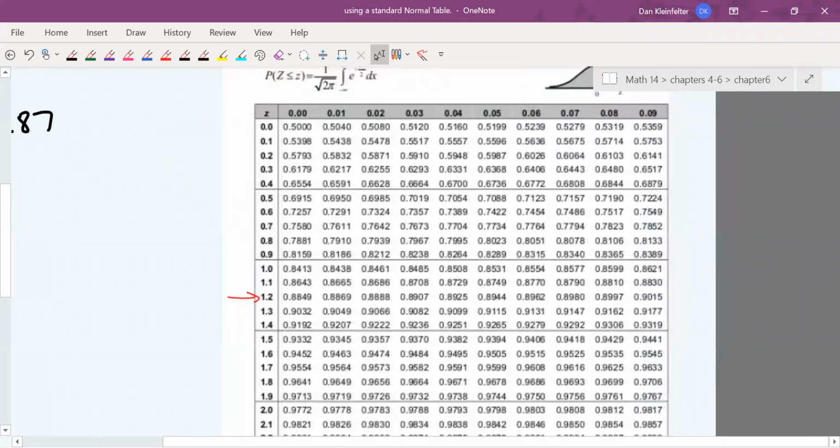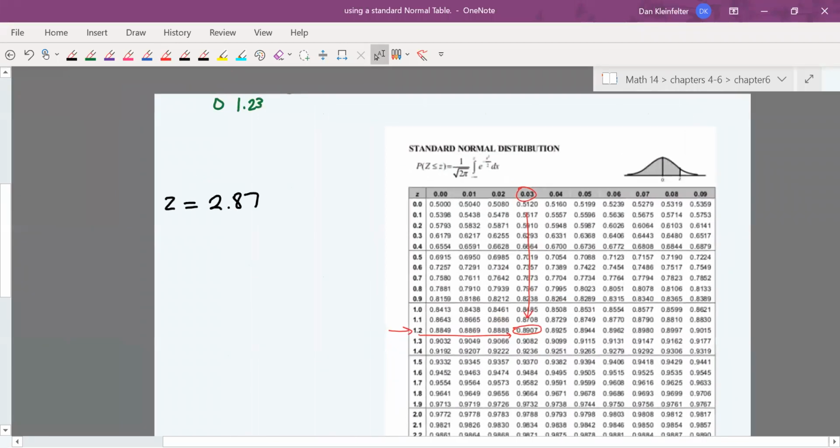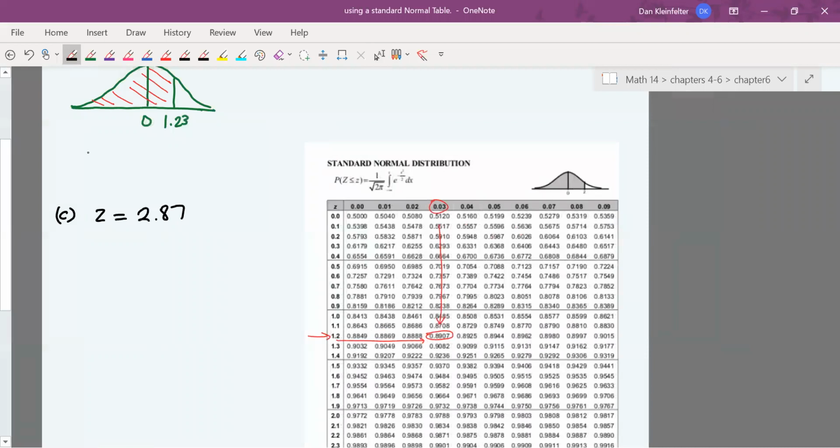And then the hundredths digit is 3. So 1.23 will be right here, 0.8907. So the probability of z being less than 1.23 is 0.8907.